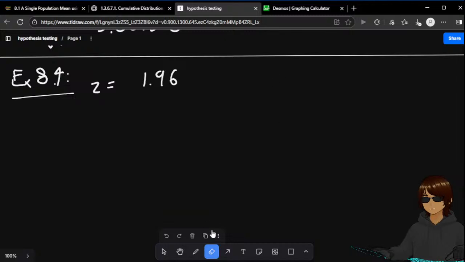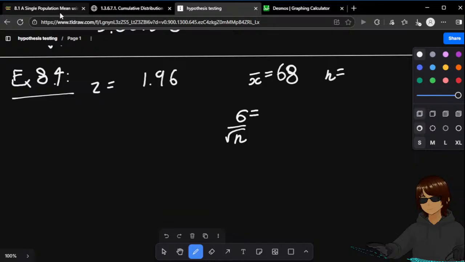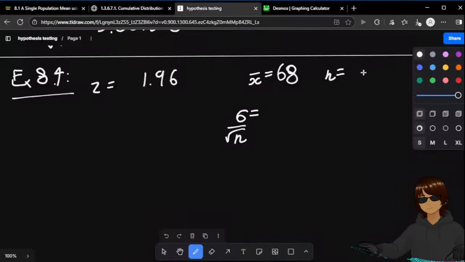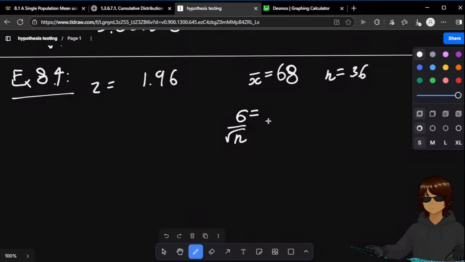I already wrote this down, but I will write it again. 36 scores. 3 points.